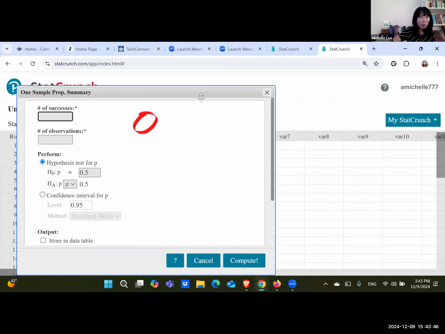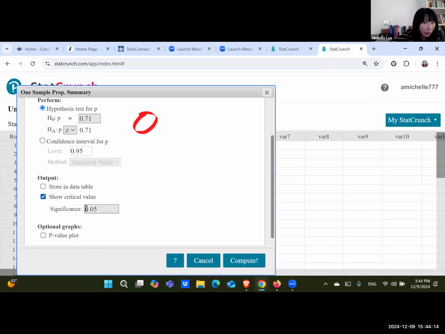Okay. Number of successes from the given information, which is 150. And sample size, which is 242. And then hypothesis test, 0.71, and now not equal to, right? And then we want to know about the test statistic.